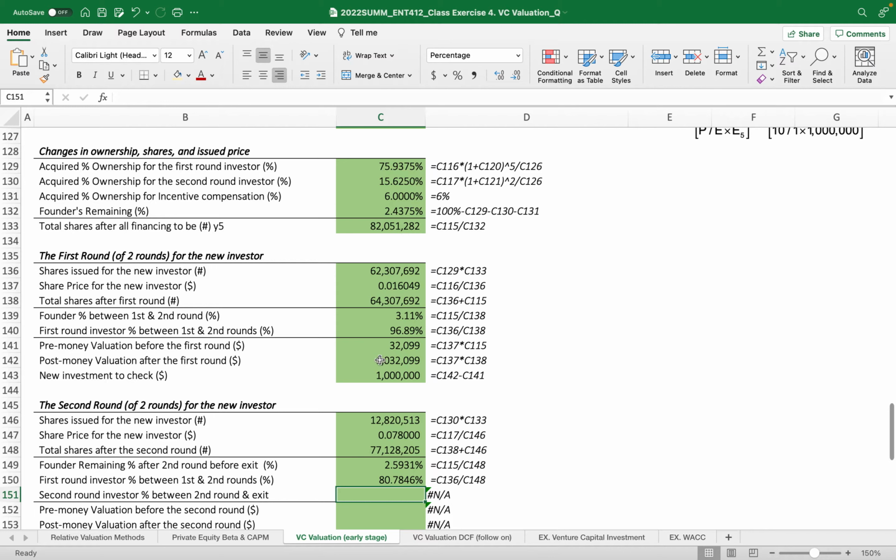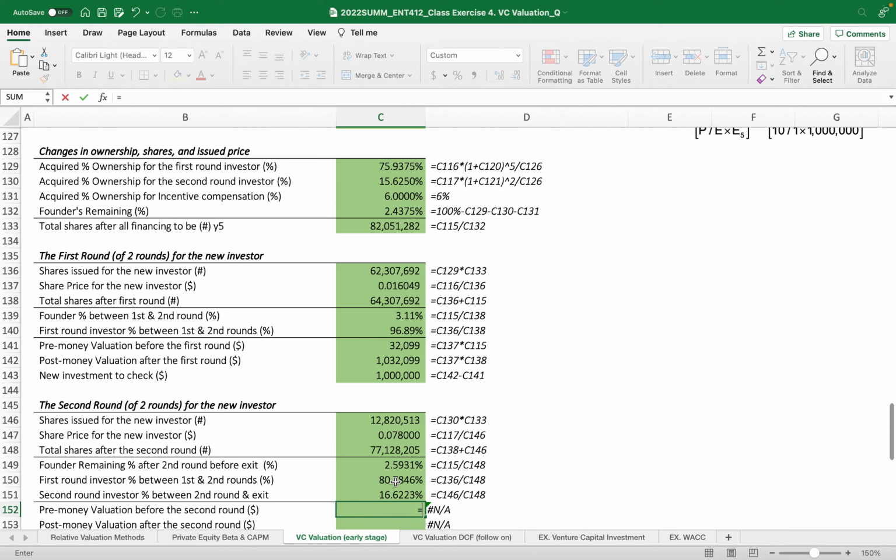So as you can see here, 96% is diluted to 80%, right? Now the second round investors' percentage, just 12 million divided by 77, so 16. So as you can see, the sum of these three is 100%, right?